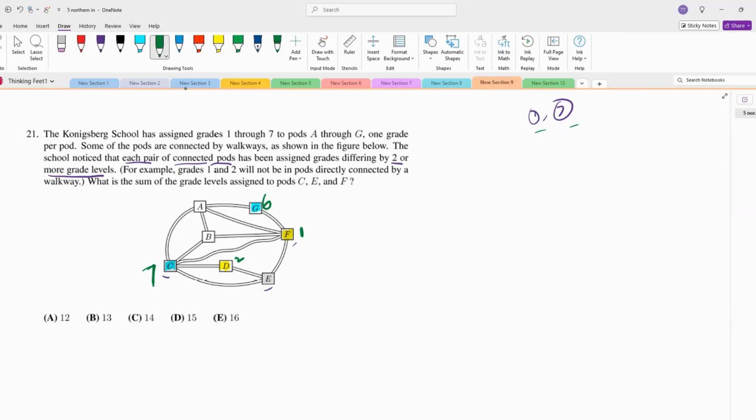Now look at this. Because D is 2, that means E cannot be 3 or 4, right? Which means 3 or 4 have to be here, like either between A and B, one of them has to be 3, the other one has to be 4.